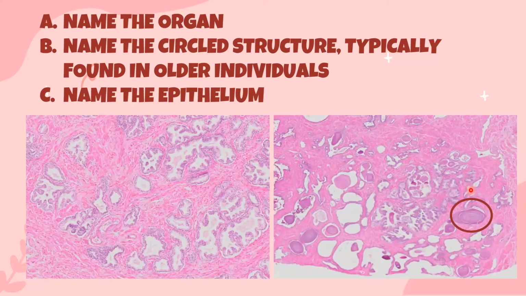And that is a columnar cell. And they look like they are multiple layers, however, they are not. So it is a pseudo-stratified columnar epithelium. Yes, it is simple, you are correct. It just looks like it's stratified. So it is pseudo-stratified.